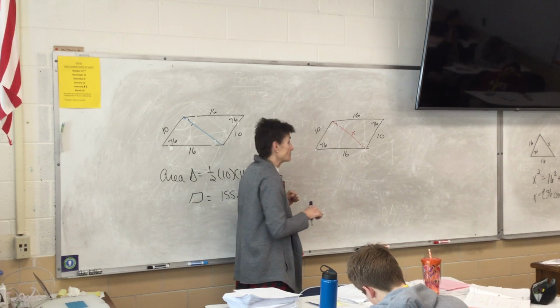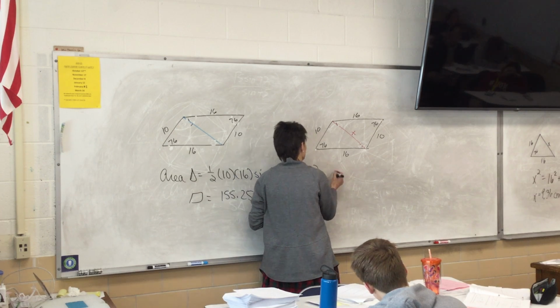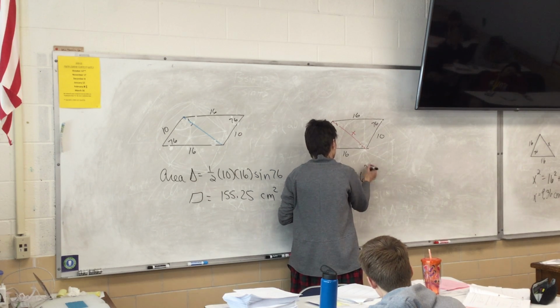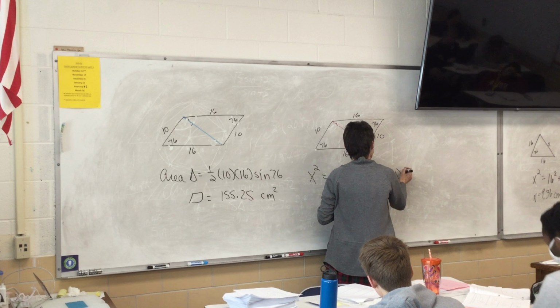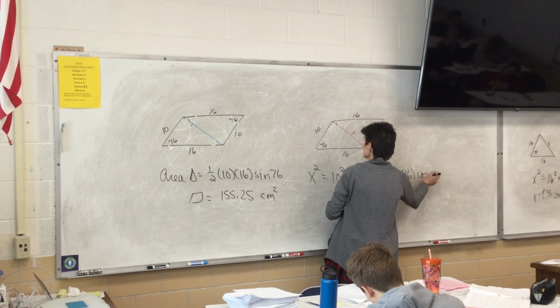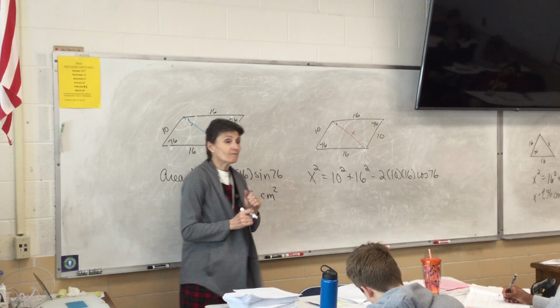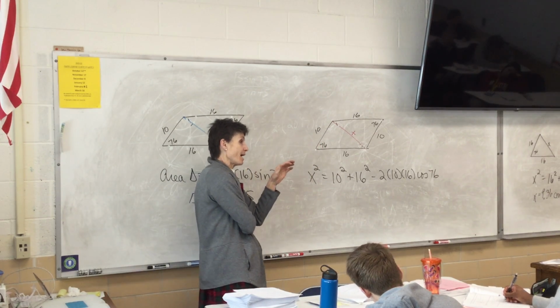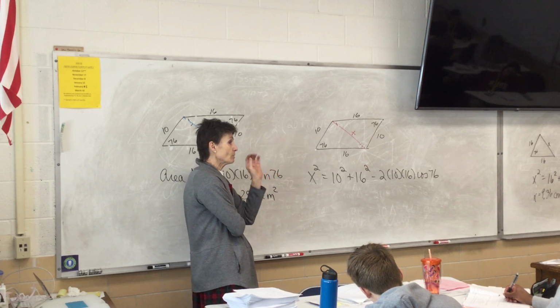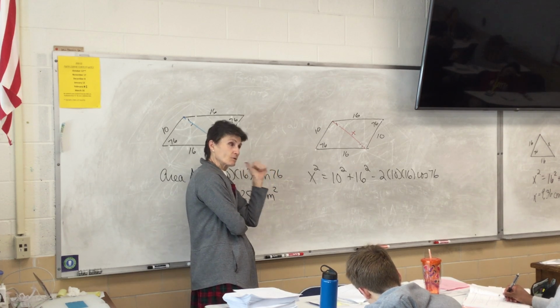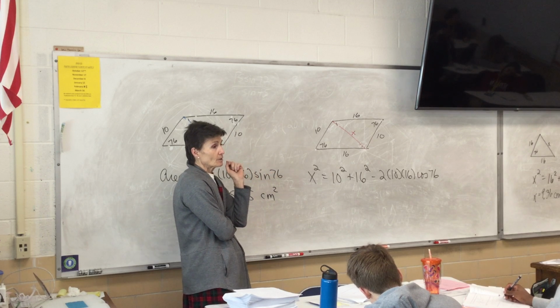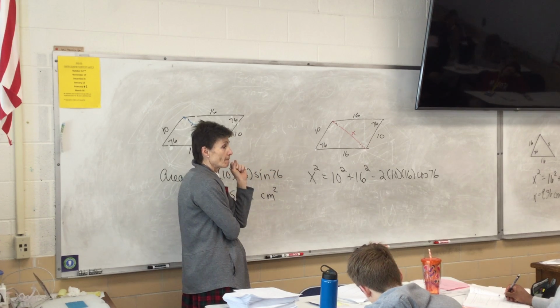You just do x squared equals 10 squared plus 16 squared, and so on. What is Zach doing here? What is this? The law of cosines. If you want to find an angle or a side, you're going to use either the law of sines or the law of cosines. Every time.